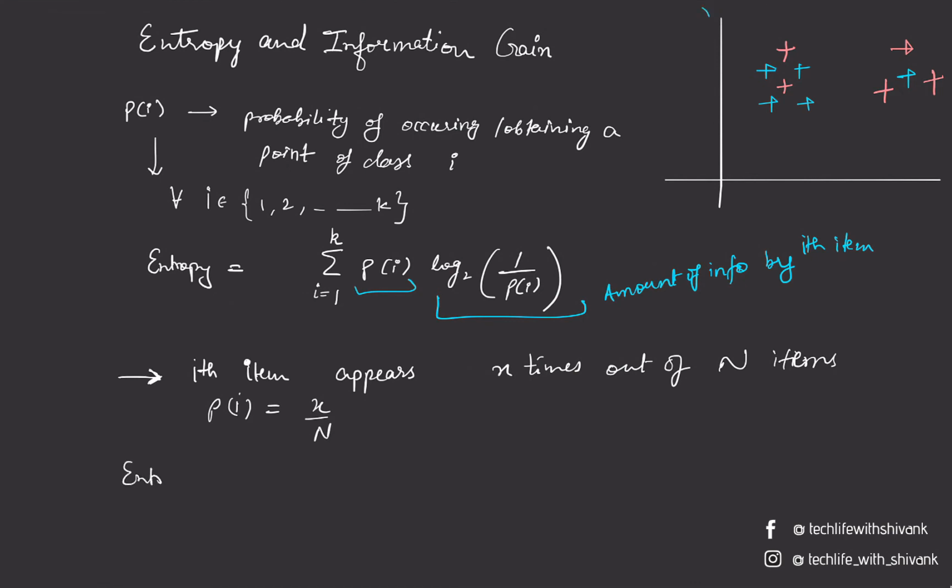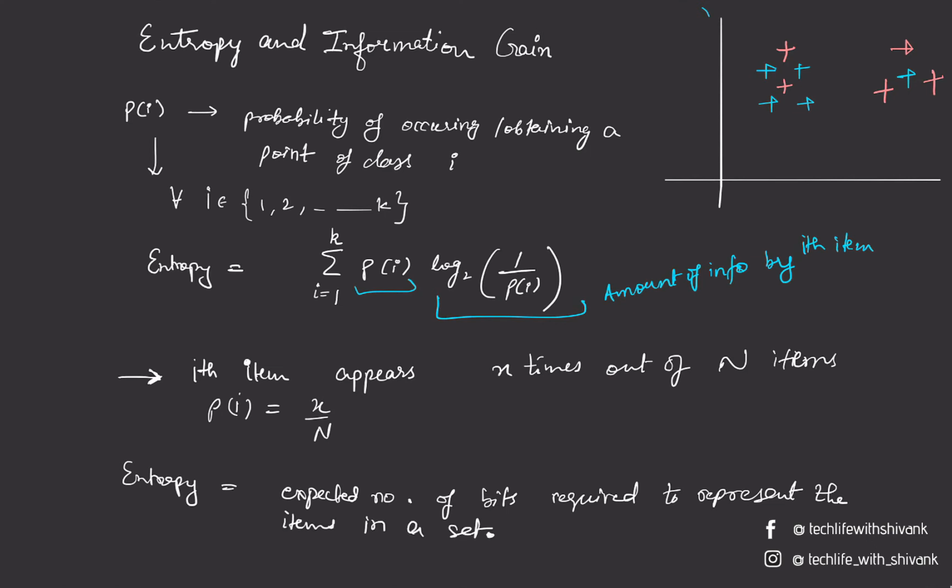So entropy is nothing but the expected number of bits required to represent the items in a set, because log of 1 by pi represents the amount of information. Amount of information means the number of bits required to represent the ith item, and entropy represents the expected number of bits required to represent the entire set of items.